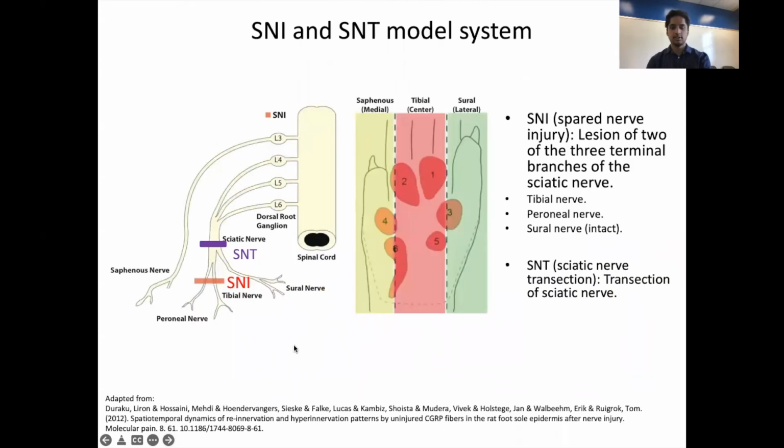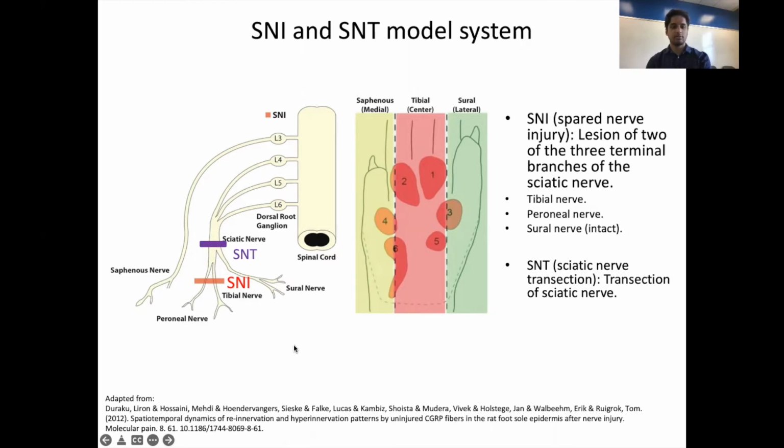In order to study the mechanism of neuropathic pain, we use 2 different models, the SNT and SNI models. The SNT, or sciatic nerve transection model, uses the entire transection of the sciatic nerve and the peroneal, tibial, and sural nerves within it in order for us to compare the expression of genes like Lin28 and the levels of Let7 between the ipsilateral and contralateral sides of the injury.